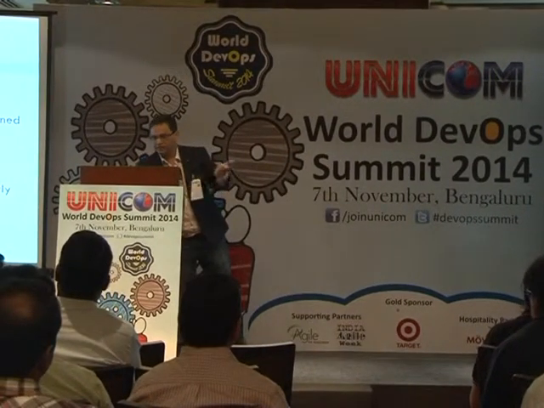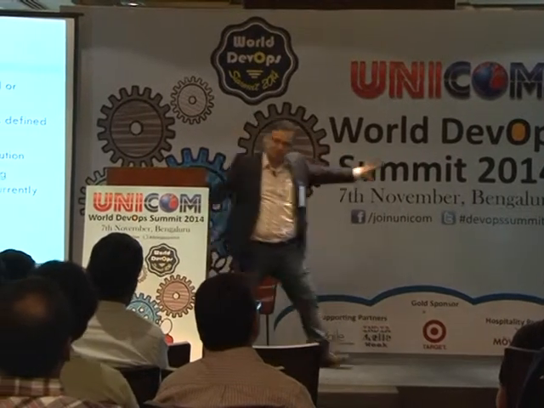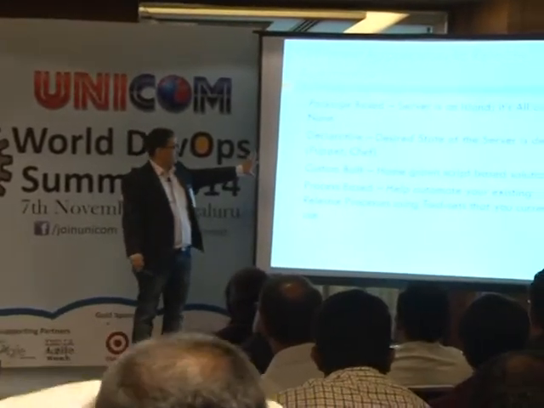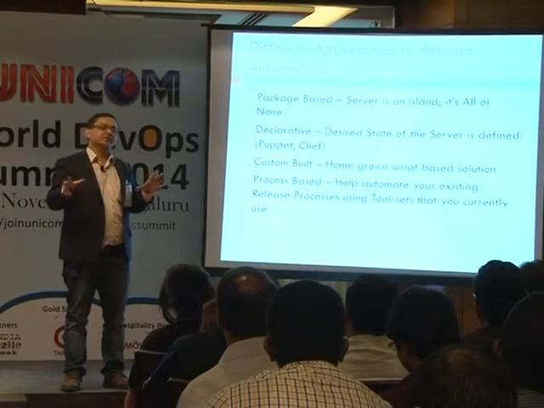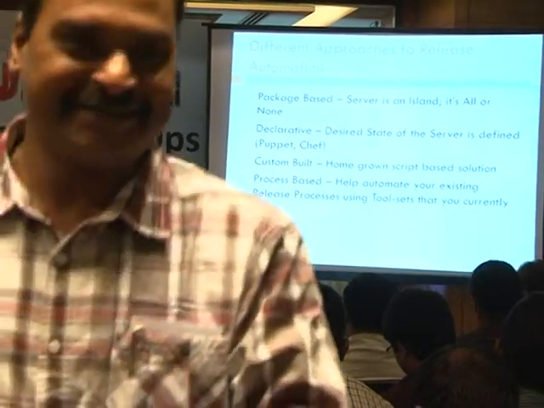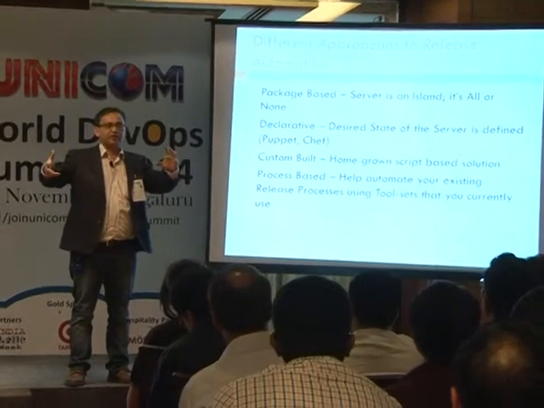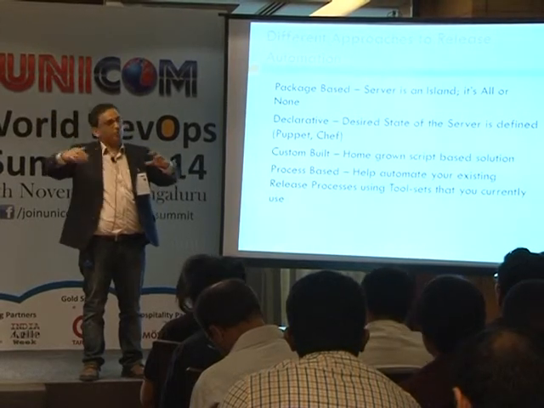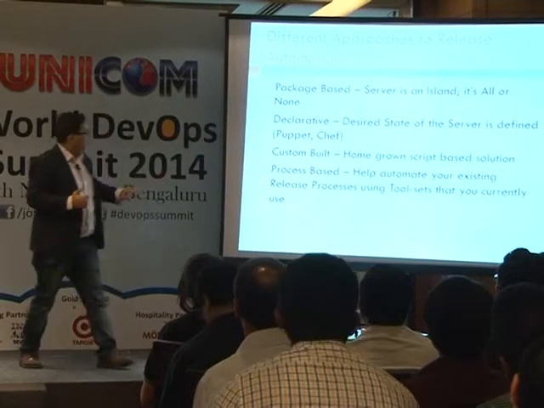So in the interest of time, let me just quickly run through a little fast. There are various approaches to application release automation. There is a declarative approach where you try to define the state of the server. That is what Puppet and Chef were trying to do. They say, hey, this is how my latest and greatest shape of the server looks like, and if something is going out of sync, let it just be in the shape I have defined.